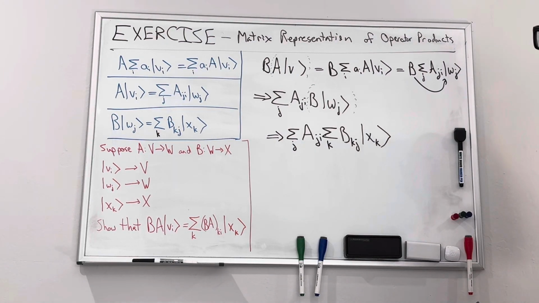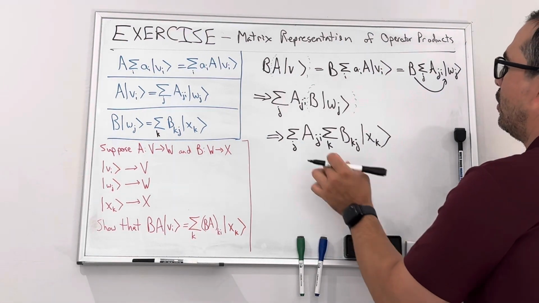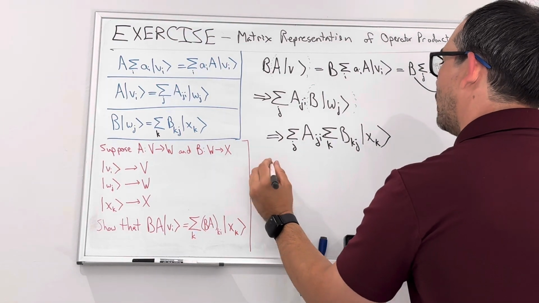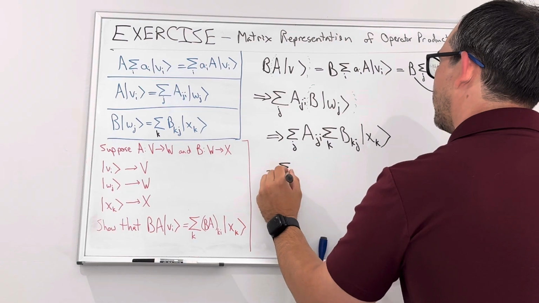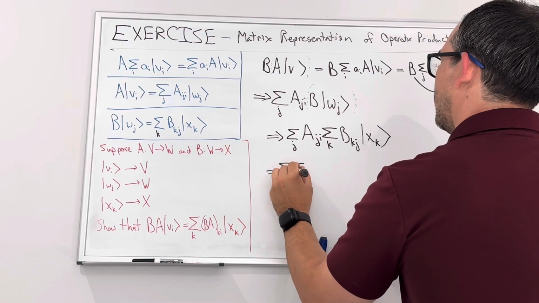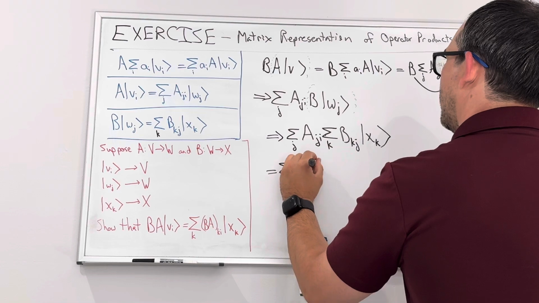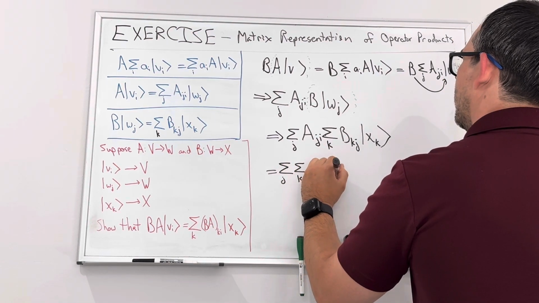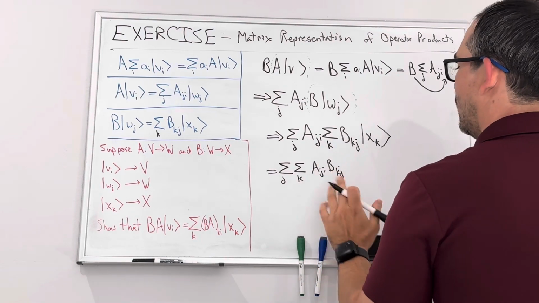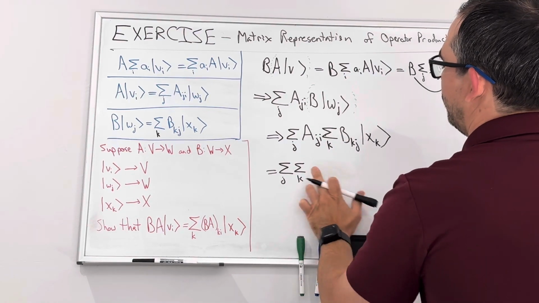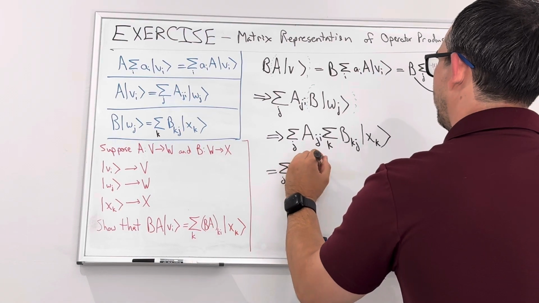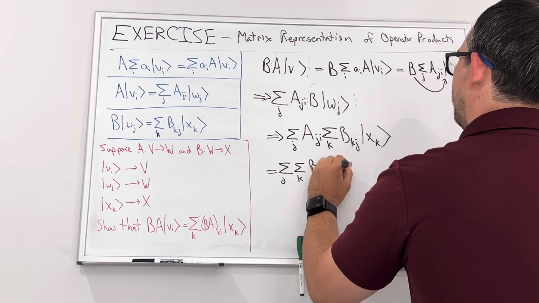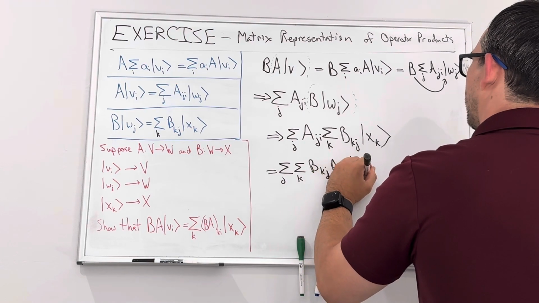And just to make things easier, I'm going to group my sums together like this: the sum over J, K of A_JI times B_KJ. And because these are just constants, I'll actually switch these around, again just to make it a little more suggestive in the notation, all of that being applied to X_K.